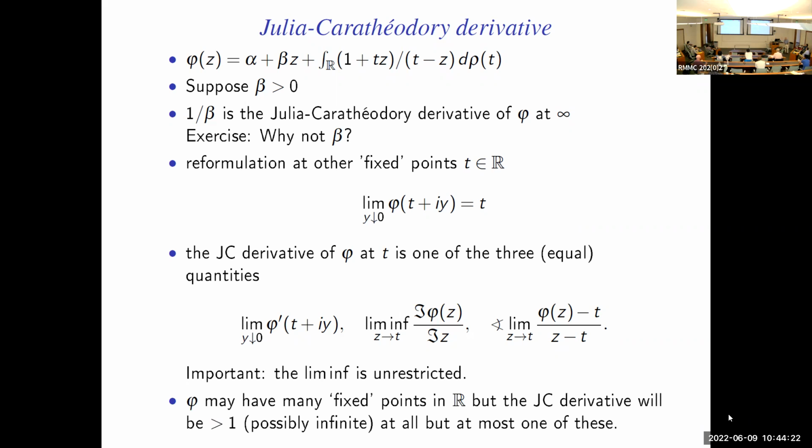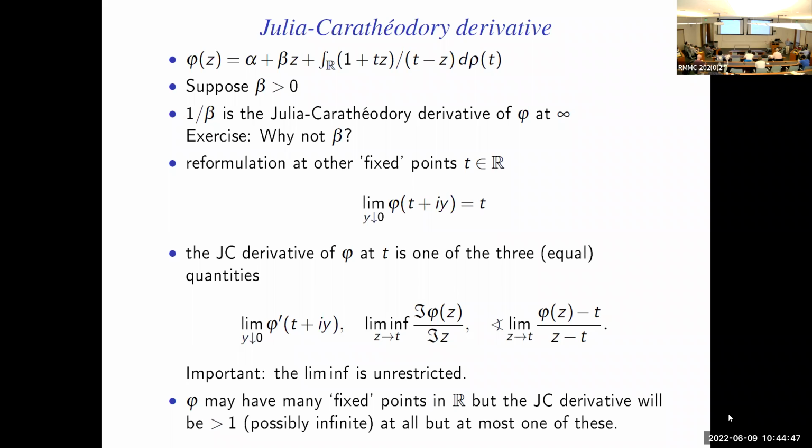Such a function phi might have many such fixed points on the real line, but the Julia-Carathéodory derivative will generally be bigger than 1, perhaps even infinite, at all but at most 1 of these points. And I think you see right away why that is the case.